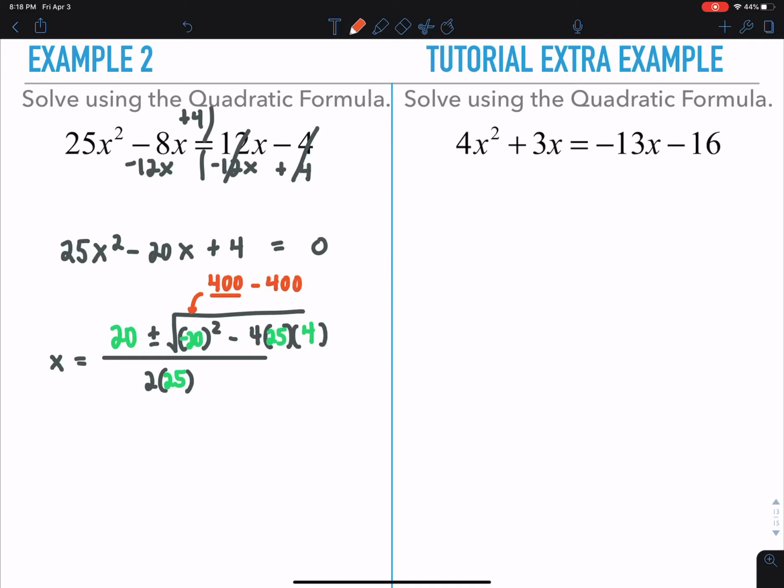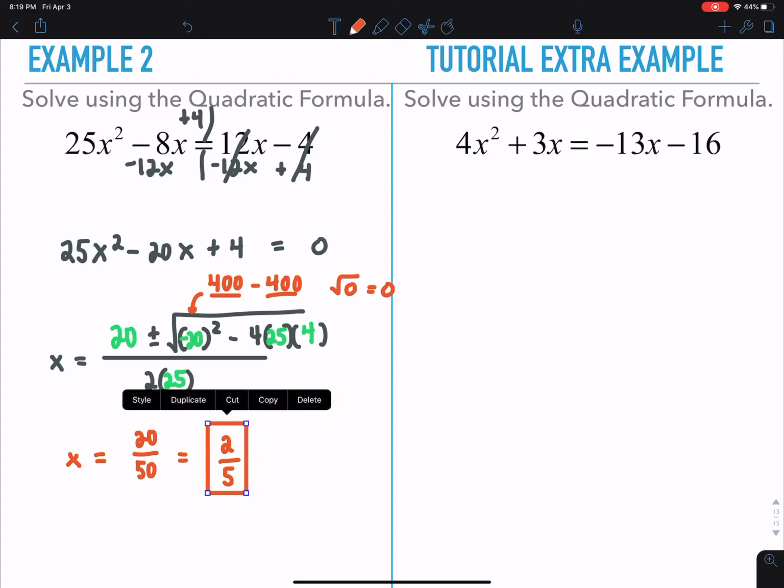So when we subtract this, we end up with 0 underneath our radical, and the square root of 0 is just 0. So we can forget about adding and subtracting 0, and we end up with x equals 20/50, which we can simplify to 2/5. So in this case, we only have one real solution.